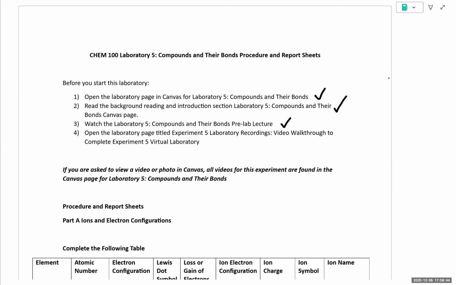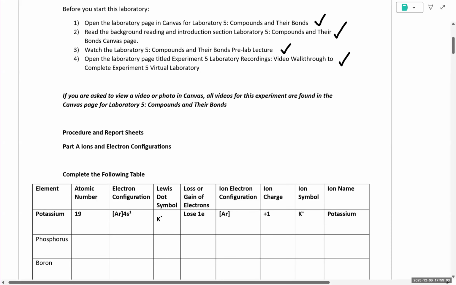And if you have the procedure and report sheets and you want to reference back to this video, you can open up the lab page titled Experiment 5 Lab Recordings, Video Walkthrough to Complete Experiment 5 Virtual Laboratory, which is the video that you're watching right now. As always, if you're asked to view a video or photo in Canvas, all videos for this experiment are found in the Canvas page for Laboratory 5, Compounds and Their Bonds.